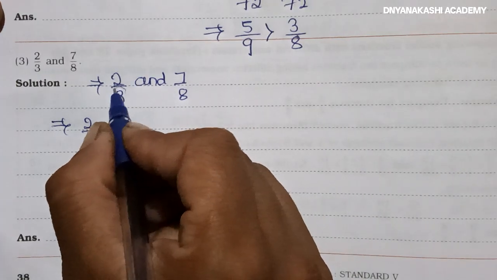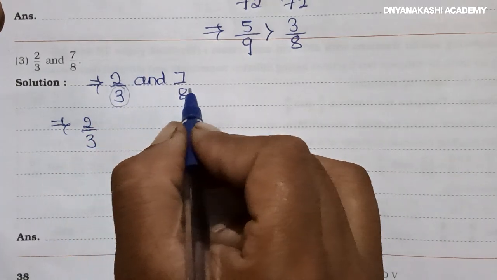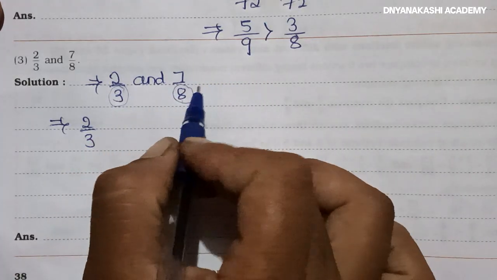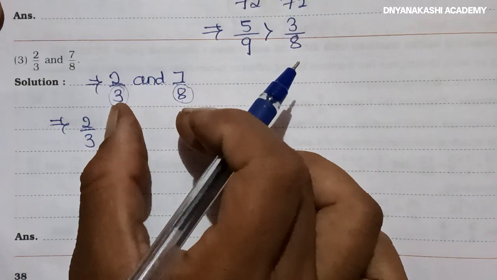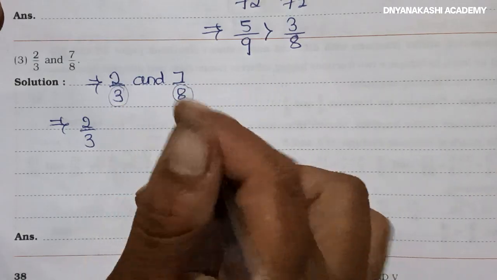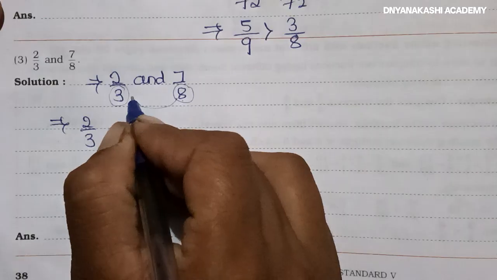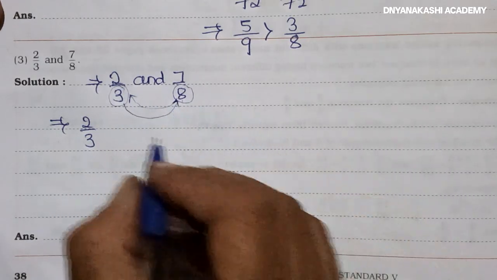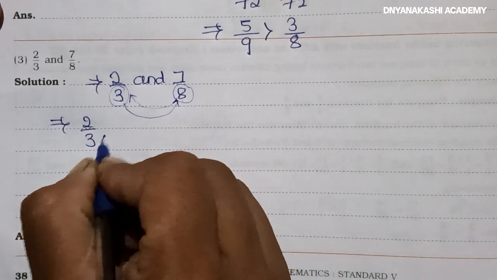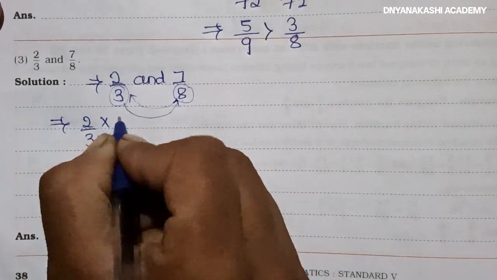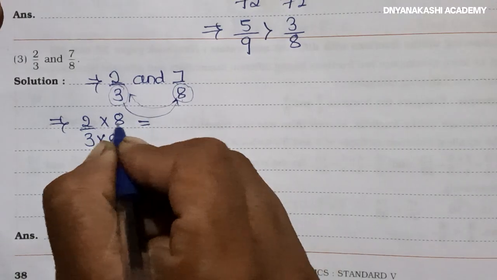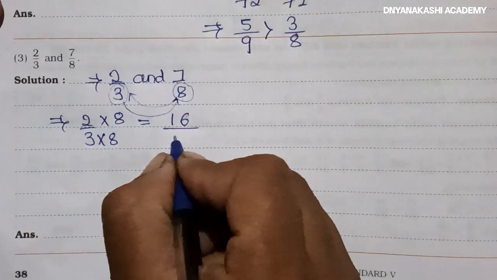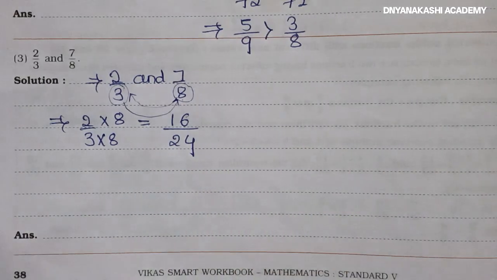Here also 3 and 8 do not come under the same table. That's why I multiply 3 with 8 and 8 with 3. 8 into numerator also 8. 8 twos are 16, 8 threes are 24.